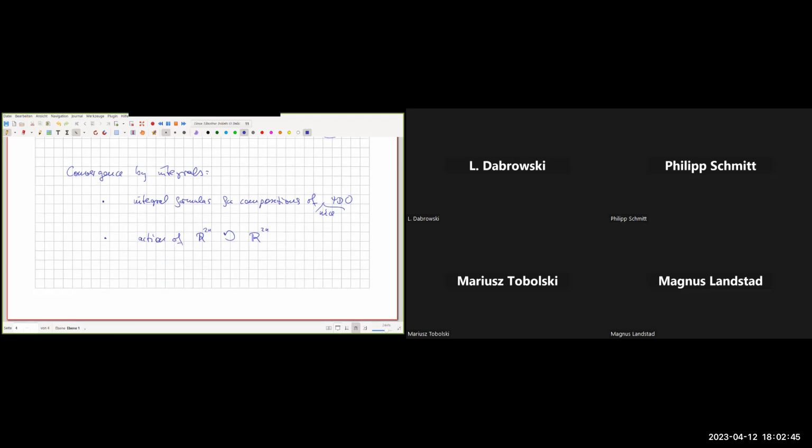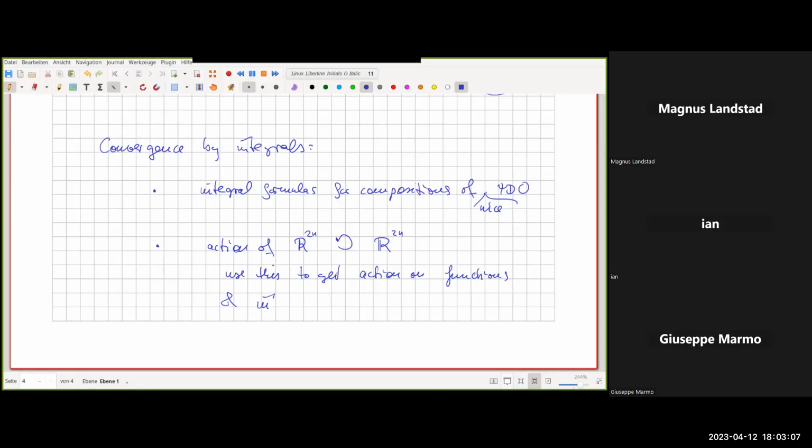And you use this to get an action on spaces of functions, of course, first of all, and then after specifying the nice classes of functions, you can use integral formulas directly using this action.